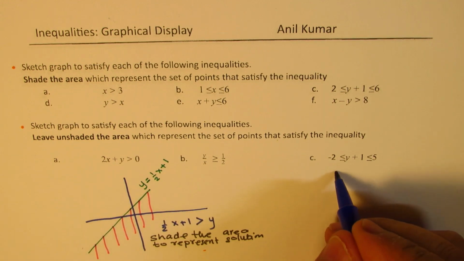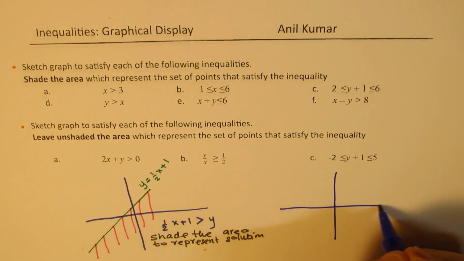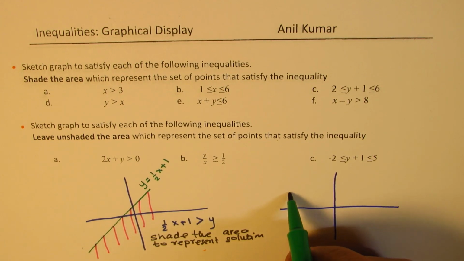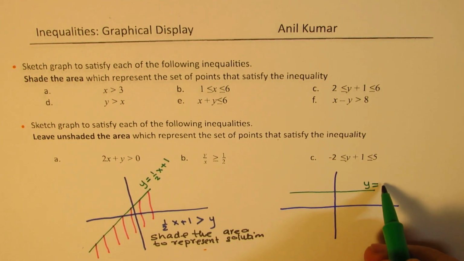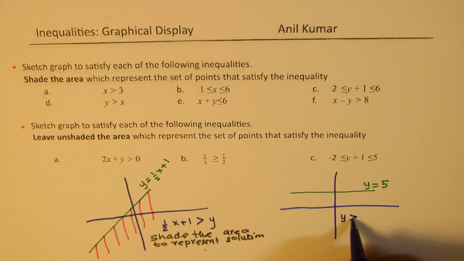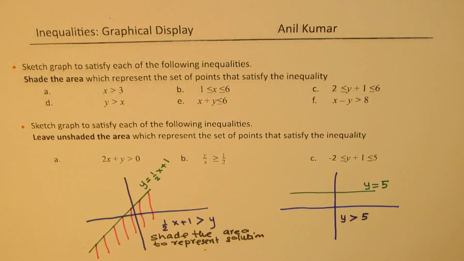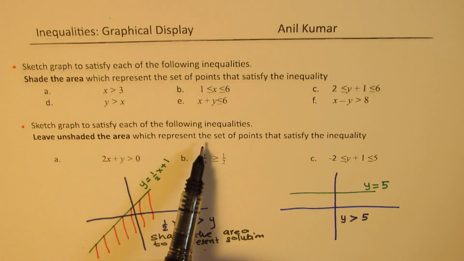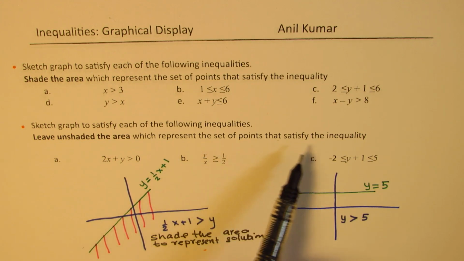Now let's take another example, relatively simple example this time. So let us say we have a horizontal line which is, let's say, y equals 5. And we are looking into the solution of inequality, which is y is greater than 5. And what we need to do here is leave unshaded the area which represents set of points that satisfy the inequality.